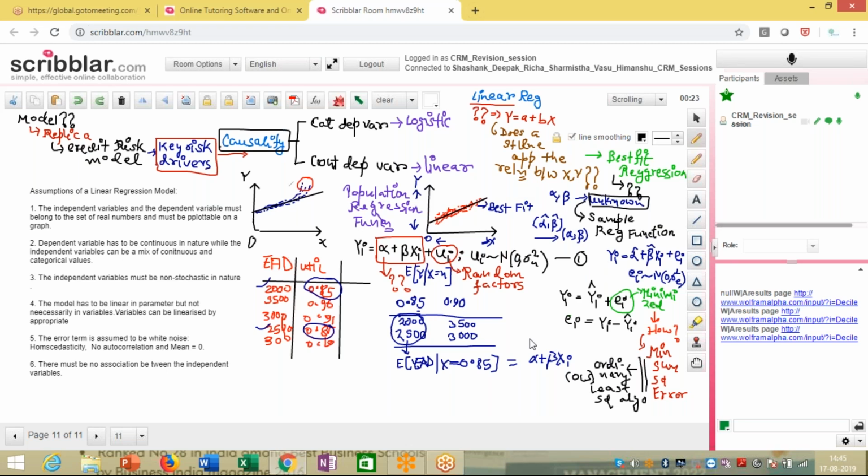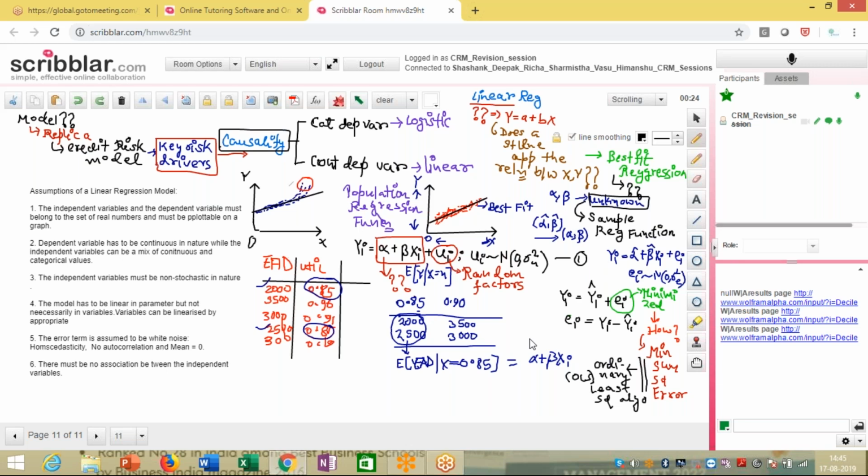Okay. So the next question that came out over here is, from the sample regression function, what I could see is that the observed value is a sum of two components: the estimated value yi hat plus the ei.